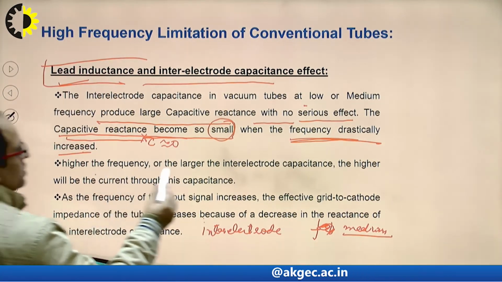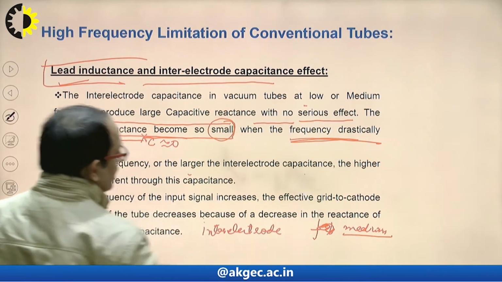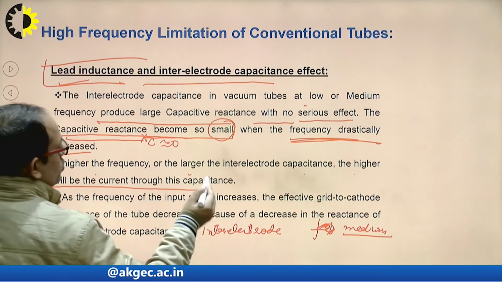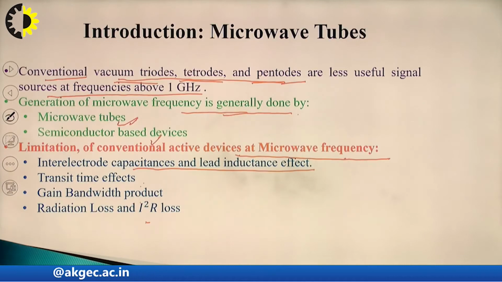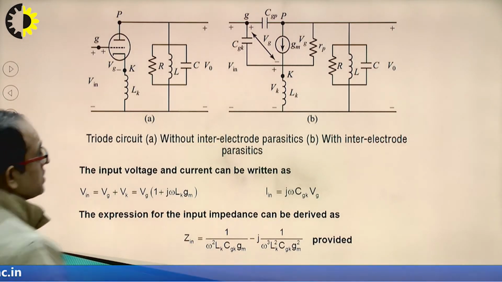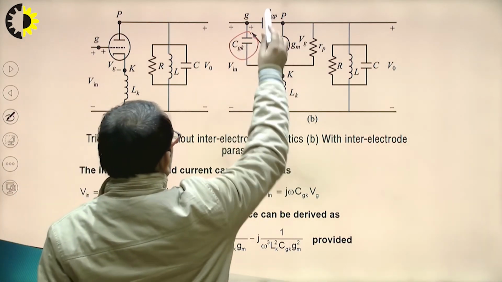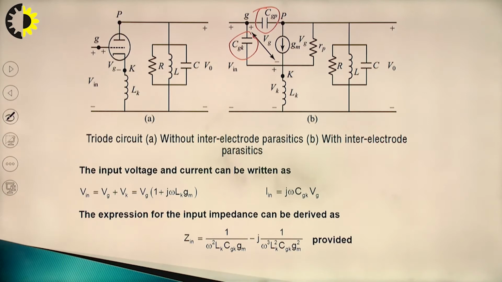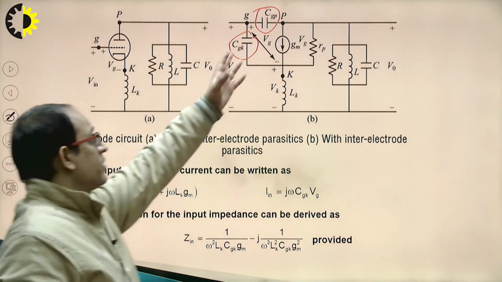So the higher the frequency, the larger the effect of inter-electrode capacitance, and higher will be the current passing through this capacitance. Now see, when the current is passing at very high frequency, this C plays a major role.